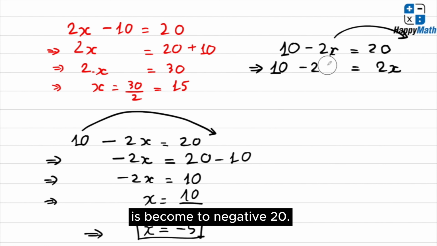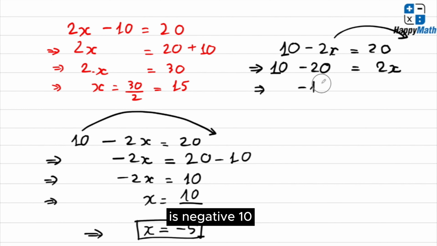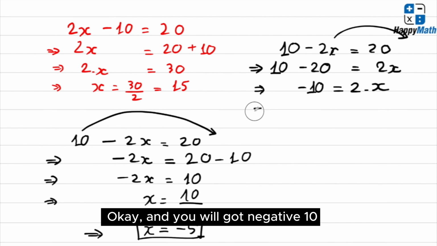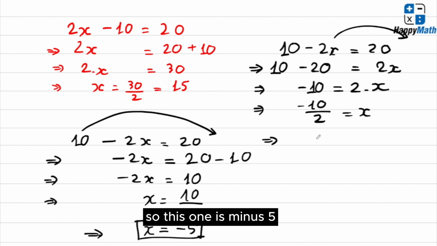It becomes negative 20. So from this one, you get negative 10, and this is 2 times x. Okay, and you get negative 10 standing alone, so negative 10 will be the captain, divided by 2, and you get x. So x equals minus 5.